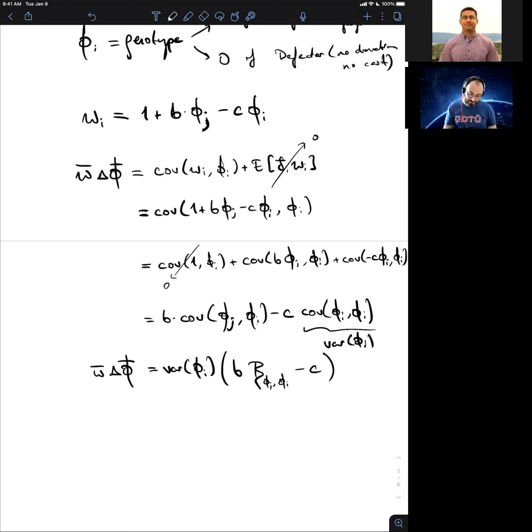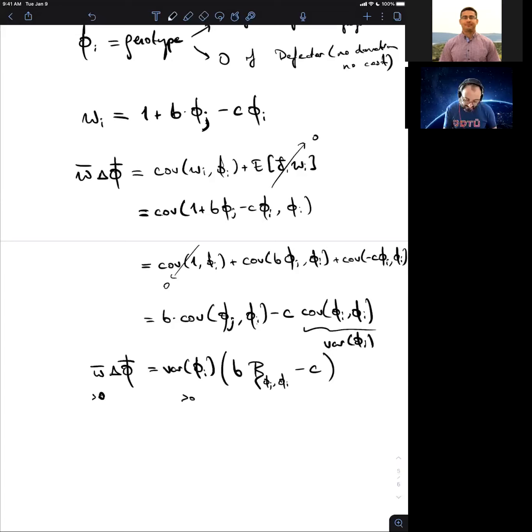So in this equation, the variance is always some non-negative number, so it's good. And if there's any variance, it's always going to be positive. W bar is always some positive number because negative fitness doesn't make sense, right? So it's either 0 or something positive.